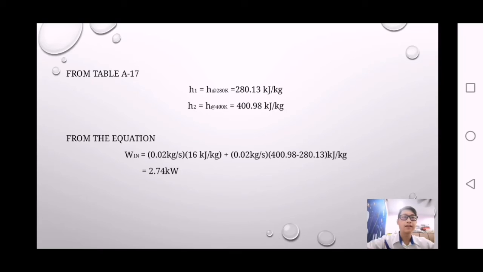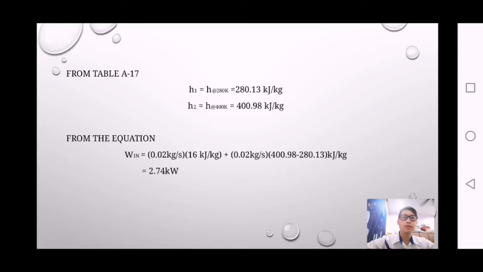For the enthalpy 1, which is at 280 Kelvin, we get the value from table A17 is 218.13 kJ per kilogram. For the enthalpy 2 at 400 Kelvin, we get 400.98 kJ per kilogram.